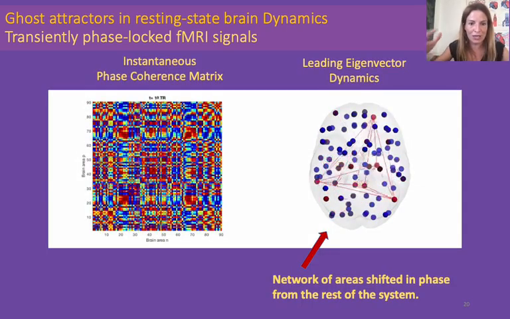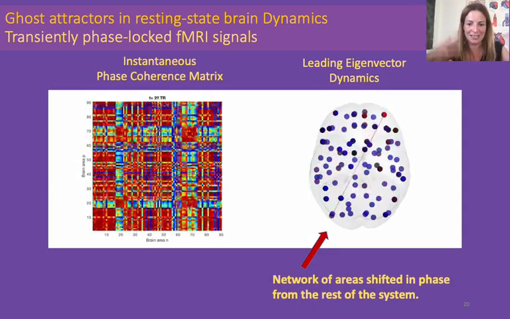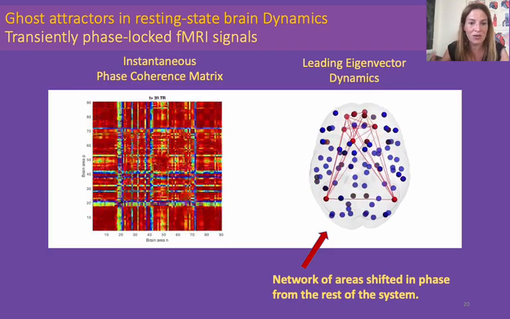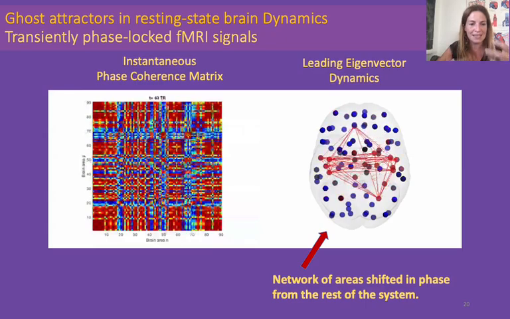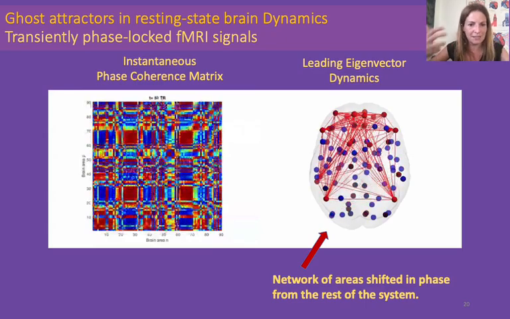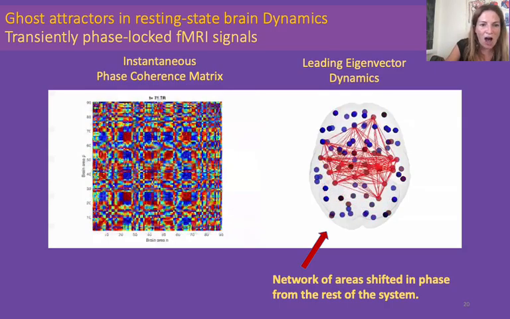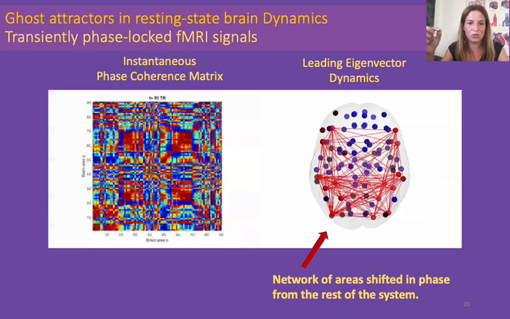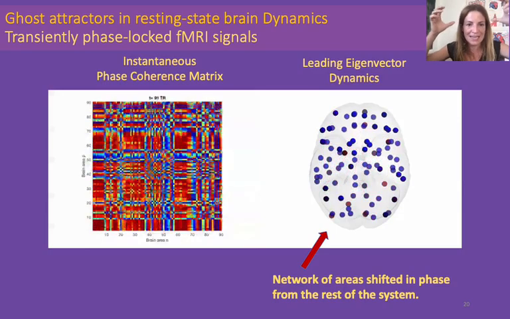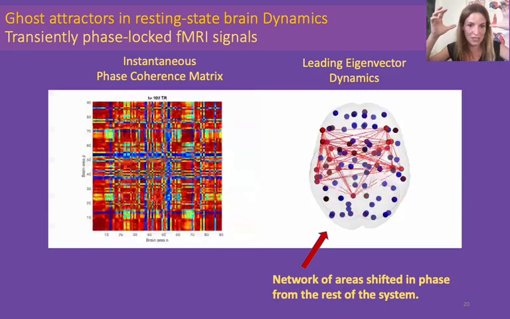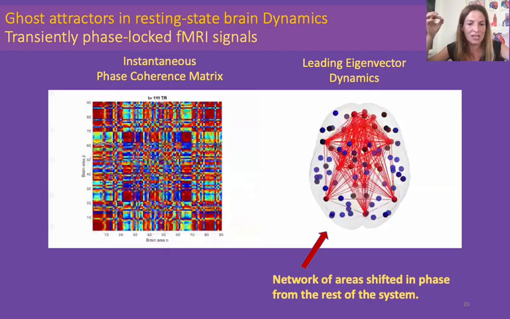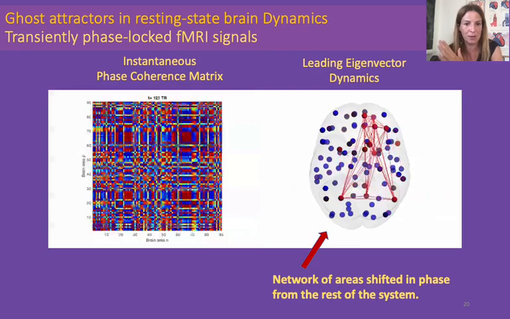So now if we look at the phase coherence matrix at each instant of time and we characterize how it is evolving, we see that there are constantly different patterns that we can observe, right? And on the right side, what I'm doing is plotting links between the units or the brain areas whose phase is shifting from the main orientation.